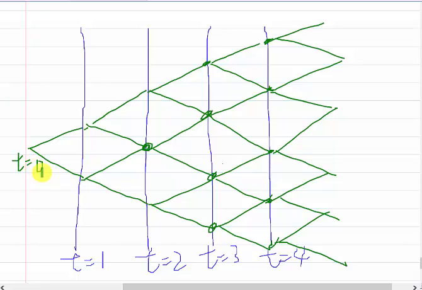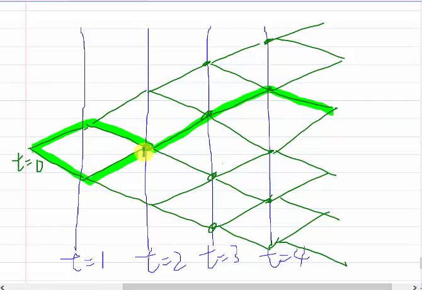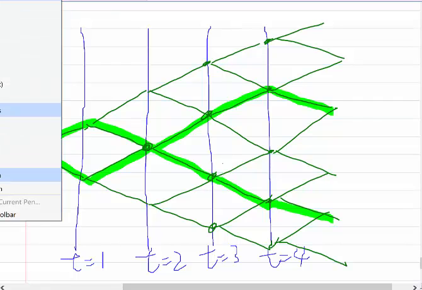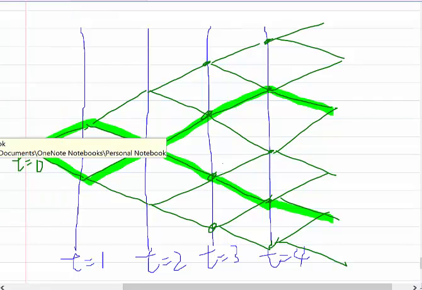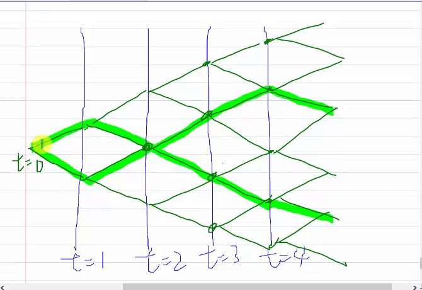You can see certain price paths. Maybe like that. Maybe it went down and up, down, down, keep going down. Or, let me change our color, going up, up, up, down, down, up.